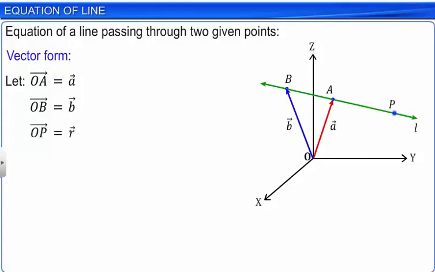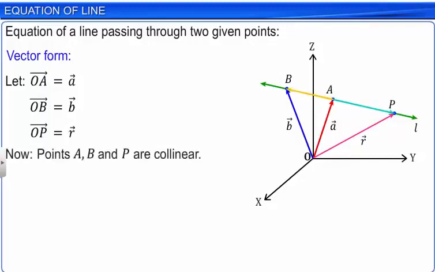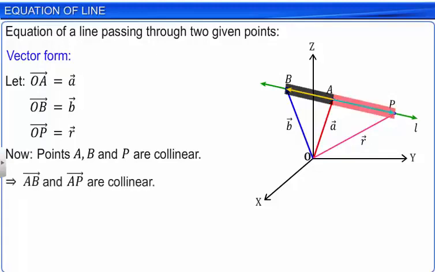Let P be any arbitrary point on line L with position vector R. Since points A, B and P lie on the same line, vector AB and vector AP are collinear. This implies that vector AP is equal to the product of vector AB with a real number lambda. Let this be equation 1.